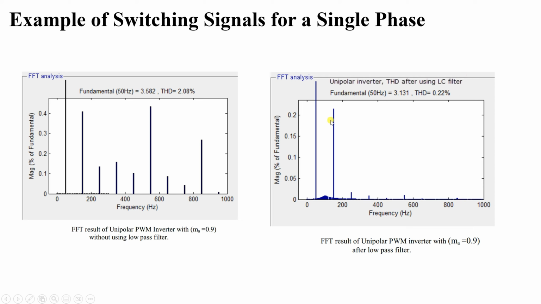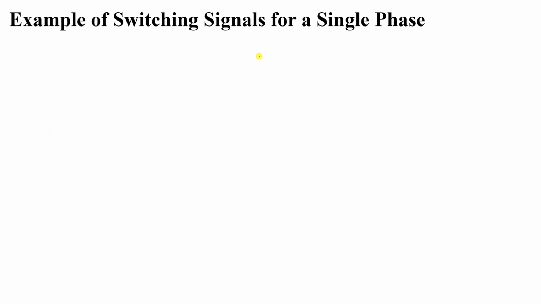How did they achieve this in this research work? By using an LC filter. We have many types of filters. Some of them are LC, LCL, and RL. All of these filters are used to eliminate or reduce the harmonics. The result will be like this.